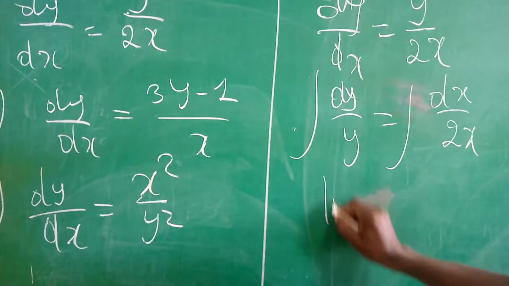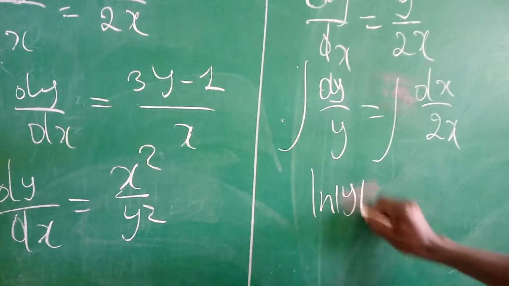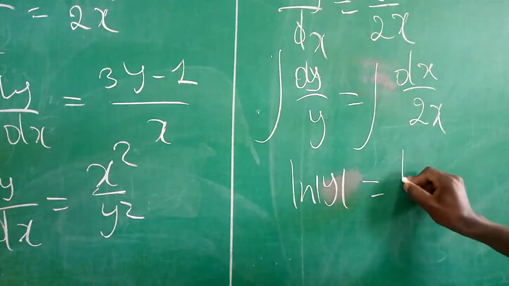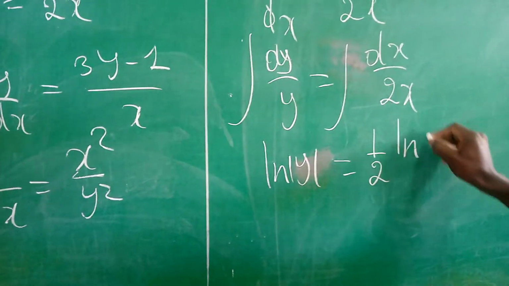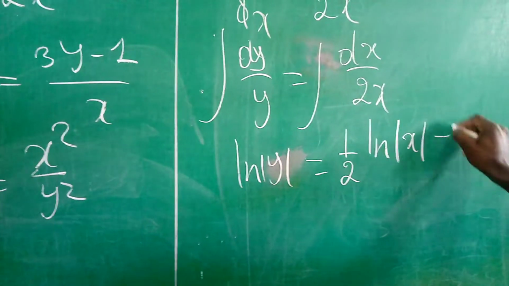This will be equal to ln y, and here it will be equal to 1 over 2 ln x plus c.